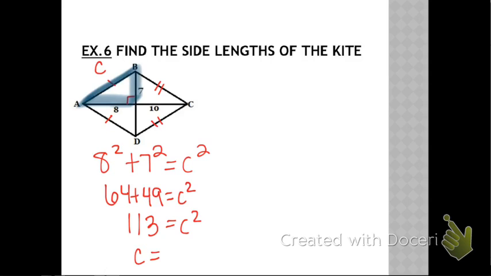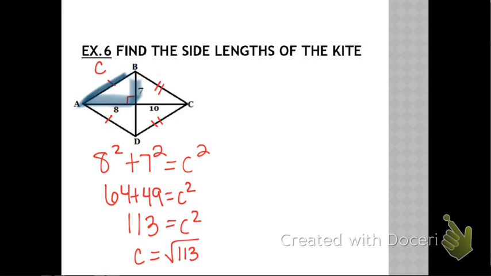So C is equal to the square root of 113. You could get a decimal approximation for that. I don't think it's necessary in this case.